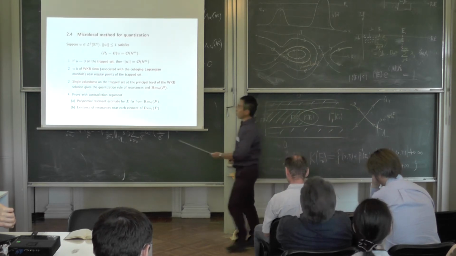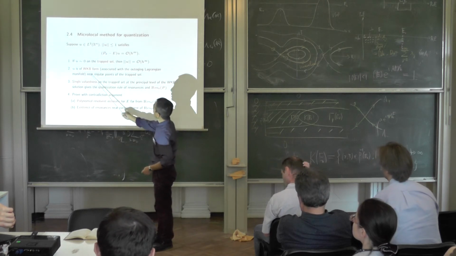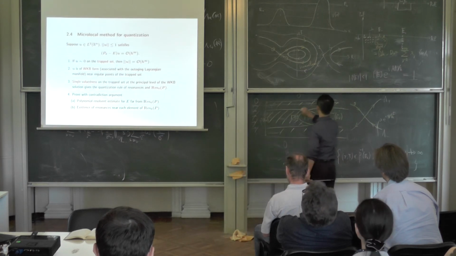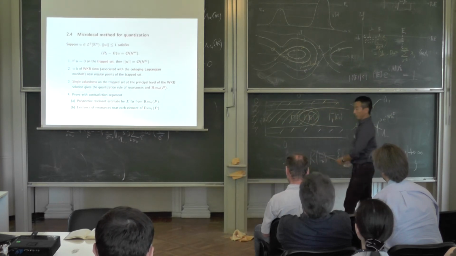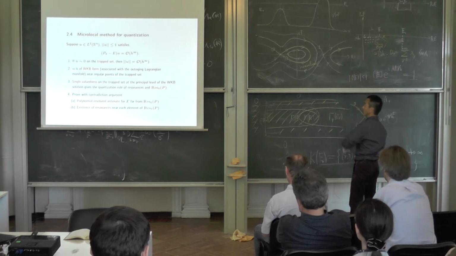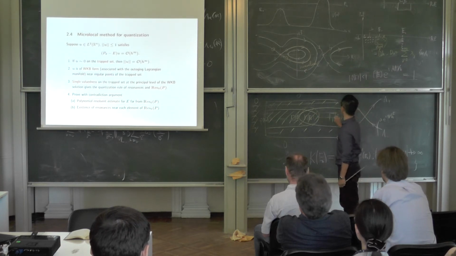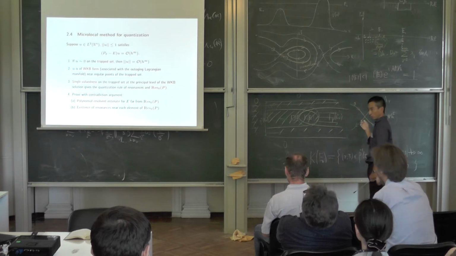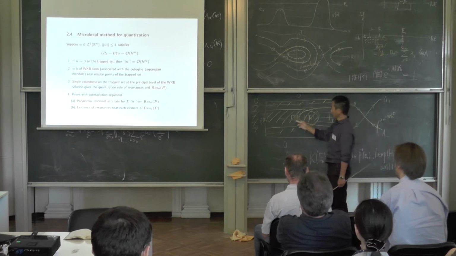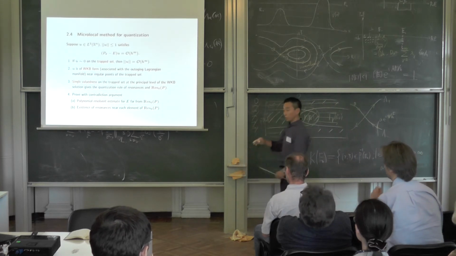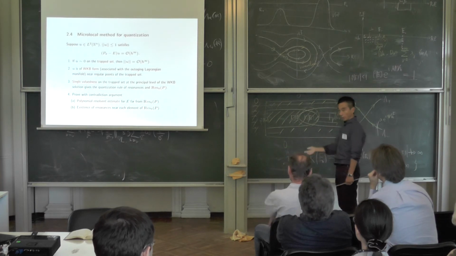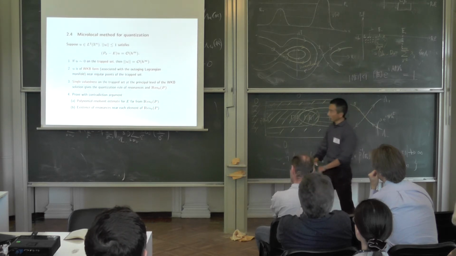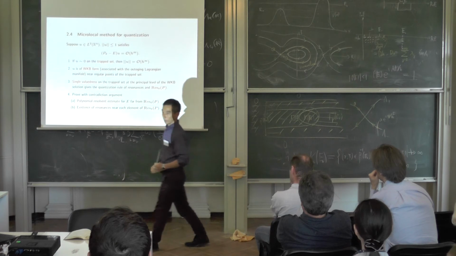So if you know that U is 0 also on the trap set, then from here you can propagate the singularity, which means that it is 0 also here. So, in conclusion, under this condition, U is everywhere 0 microlocally, and this fact implies that U is small globally in L2.